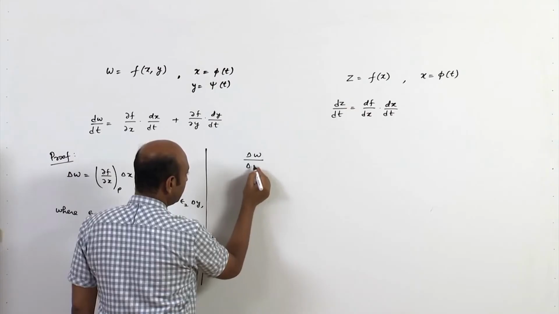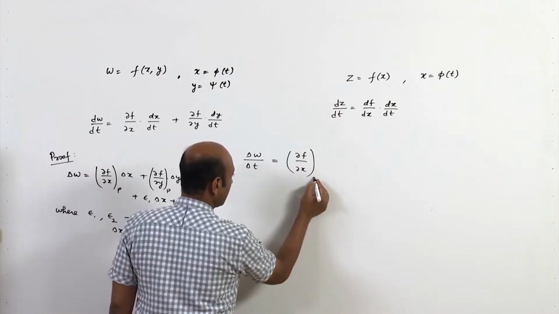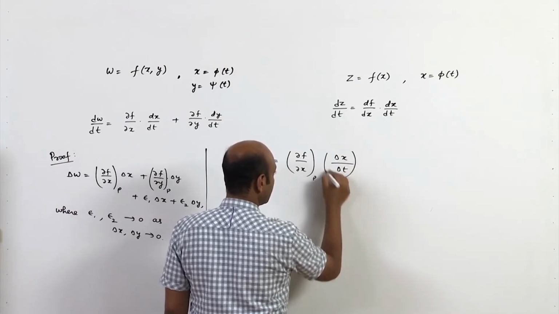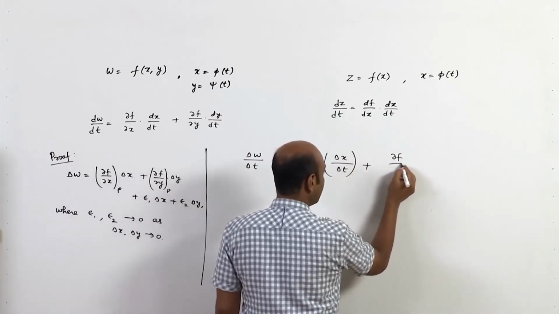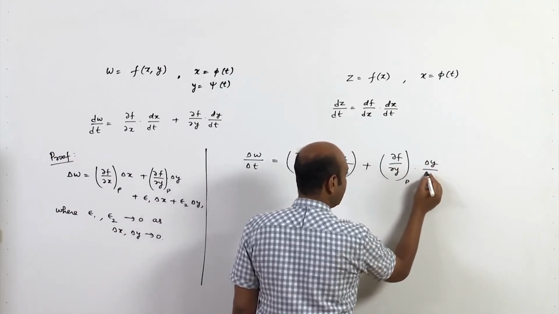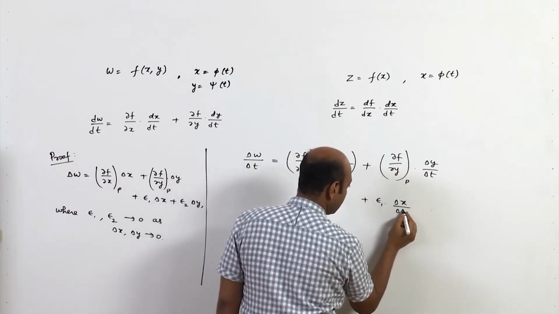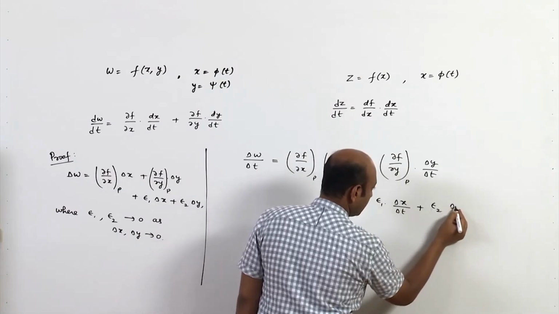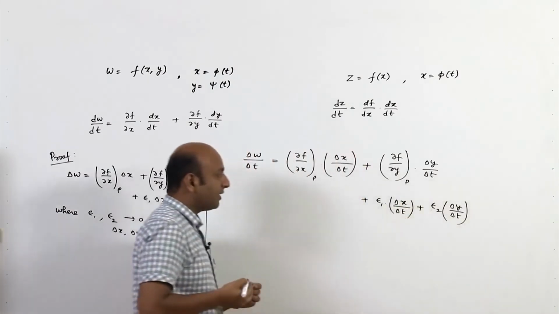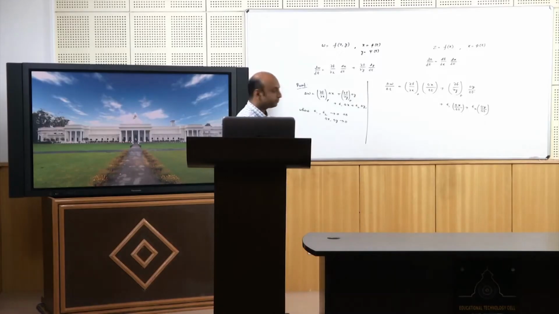Delta w by delta t is equal to del f by del x of P into delta x by delta t, plus del f by del y of P into delta y by delta t, plus epsilon 1 into delta x by delta t plus epsilon 2 into delta y by delta t. So we have divided the entire expression by delta t.